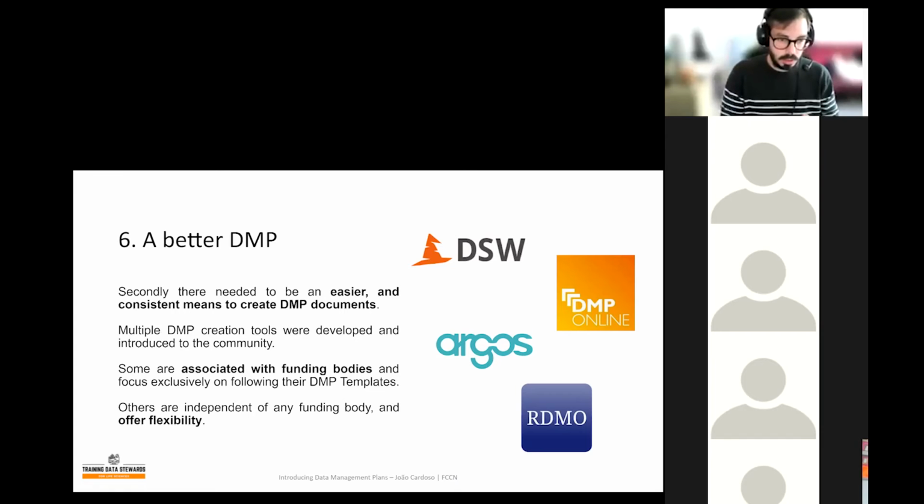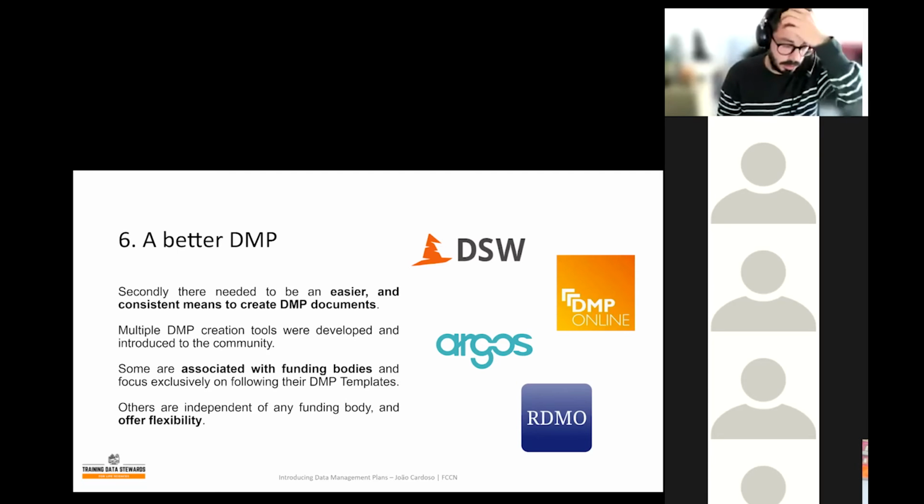In particular, I like to point out the Data Stewardship Wizard, which is DSW. It has its origins in the Elixir project, and we have used it here at Biodata as a starting point for training on how to create DMPs. Now I'm going to take off my Biodata hat and put on my FCCN and FCT hat, and I'm going to say that Argos is the tool that we're looking to promote going forwards for the Portuguese community.